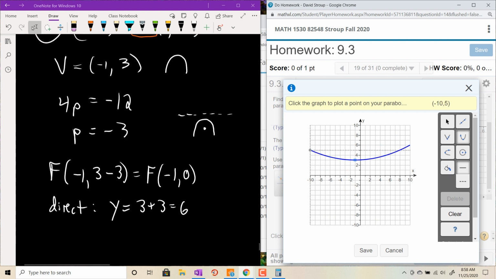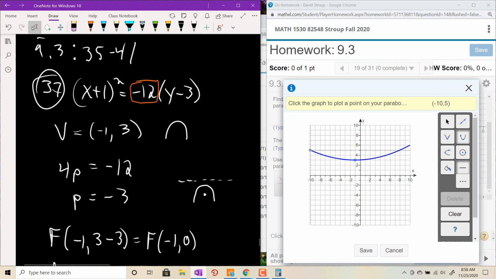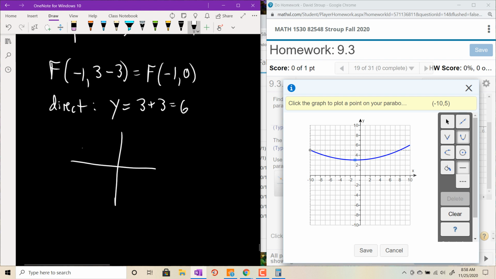So getting back over to my work. Focus is at negative 1, 0.